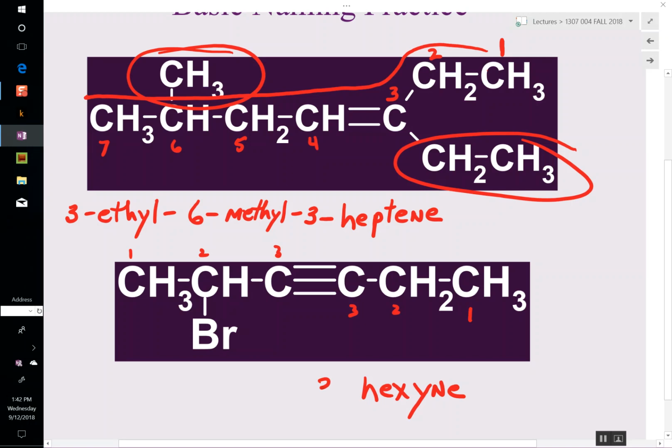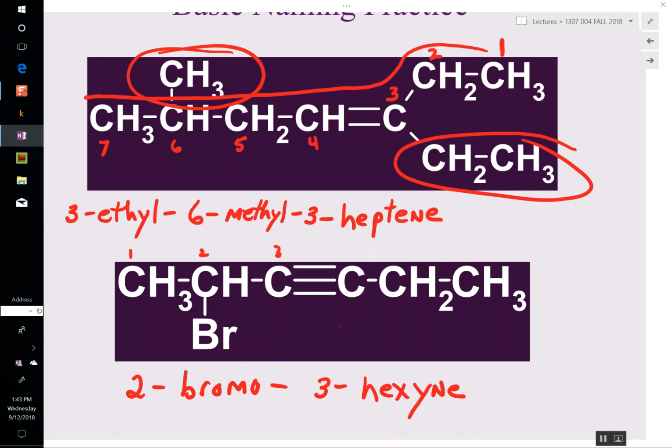So it's 3 hexyne no matter what end I start counting on, but it's going to be 2 bromo, 3 hexyne. This is the end I'm going to start on. It still gets me to a 3 for the start of the triple bond, but it gets me a lower number for the substituents.